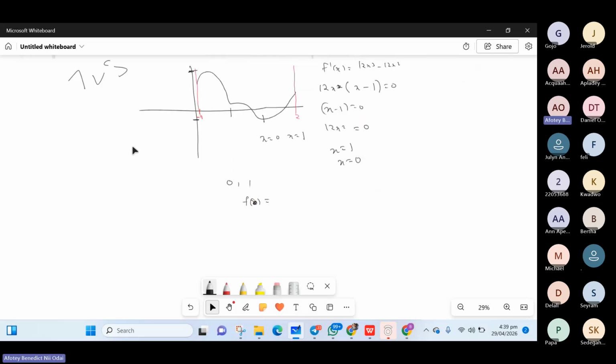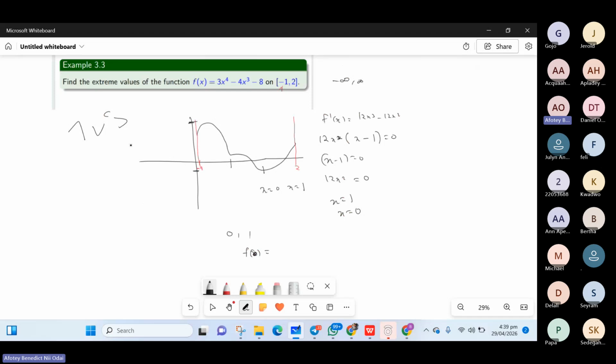Let me make this a bit smaller. It's equal to -8, and f of 1 is equal to 3 minus 4 minus 8, and this is -9. Is my calculation right? Let me cross check.